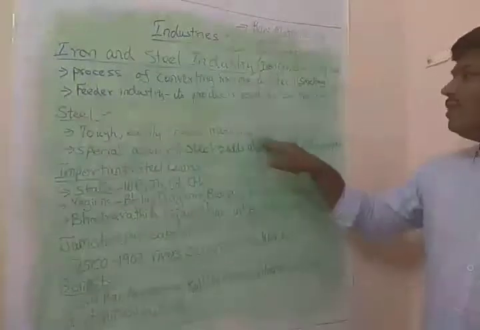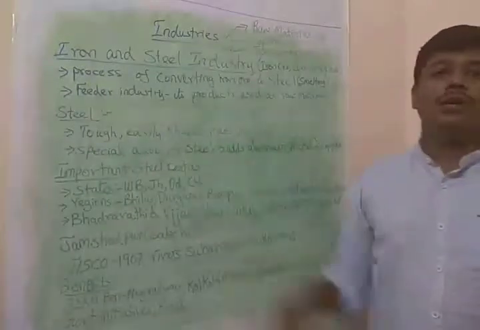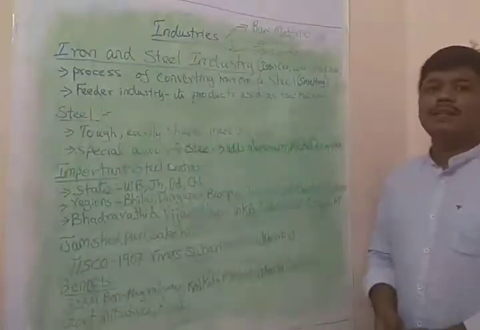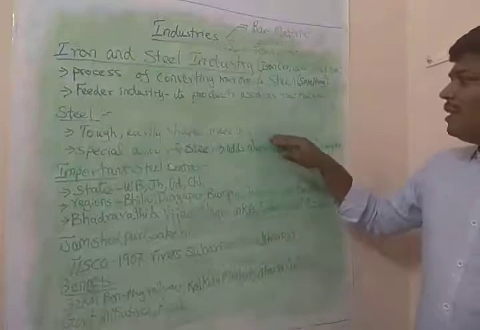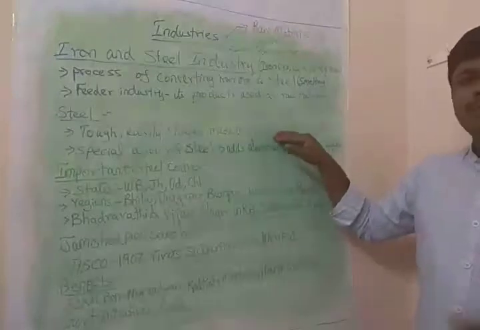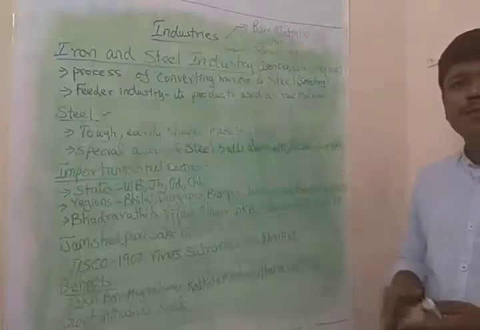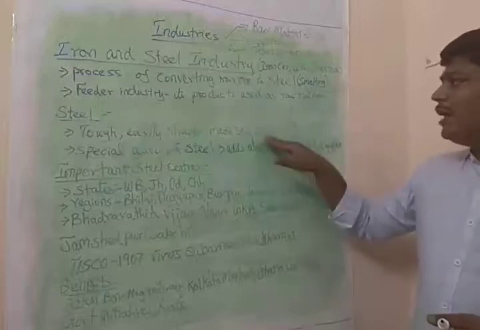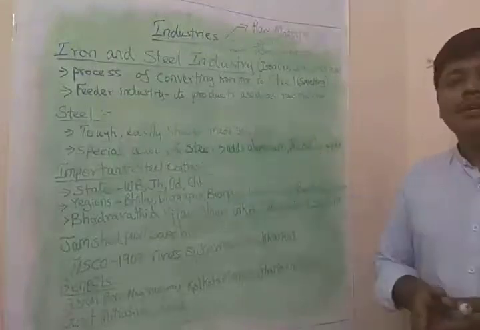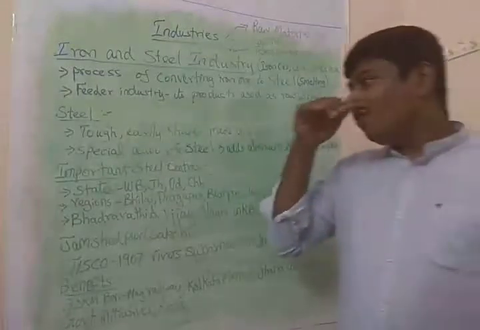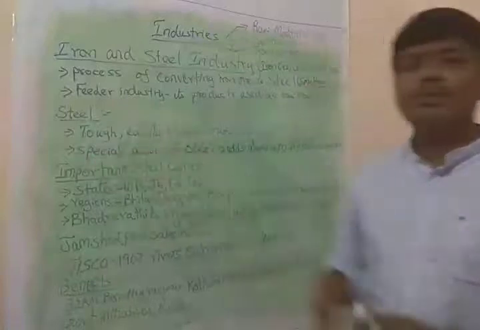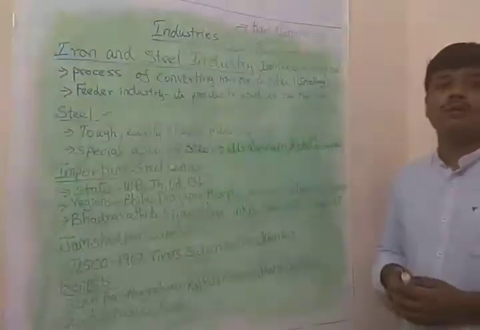Even the wire is made of steel, right? So that is the iron. Other than this, copper and many other materials are there, but iron is also the main thing, right? So here, what are the special alloys of steel? How is it made? That is what we are going to see here.